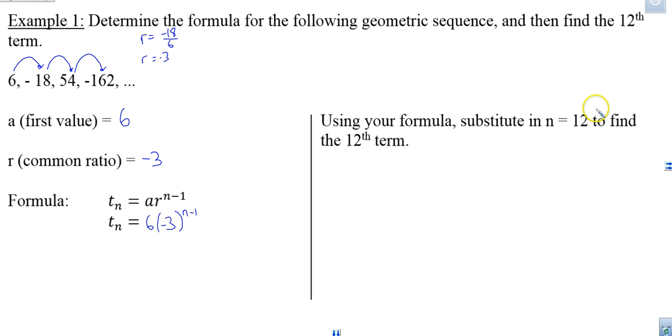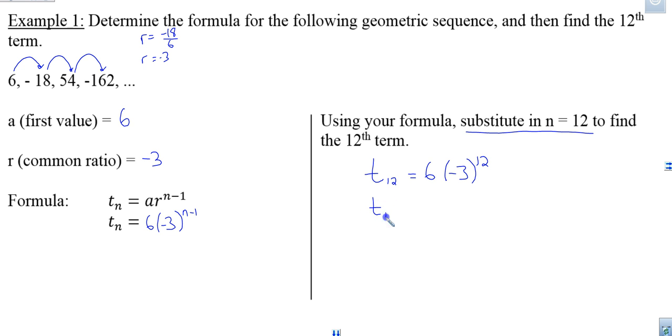So now we can use that to find for term number 12, the 12th term, by substituting in that n is equal to 12. So I'm going to write for term number 12, remember that subscript, very, very small and aligned lower, is equal to 6 times -3 to the power of 12.